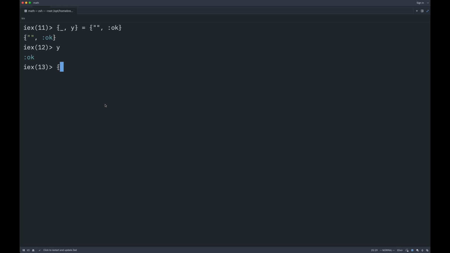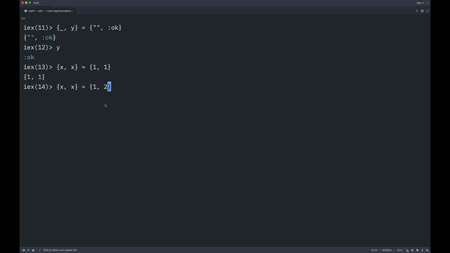If we want to make sure that the values are the same for the components, we can use the same variable name on the left hand side, and this will result in a match because both values on the right hand side are the same.